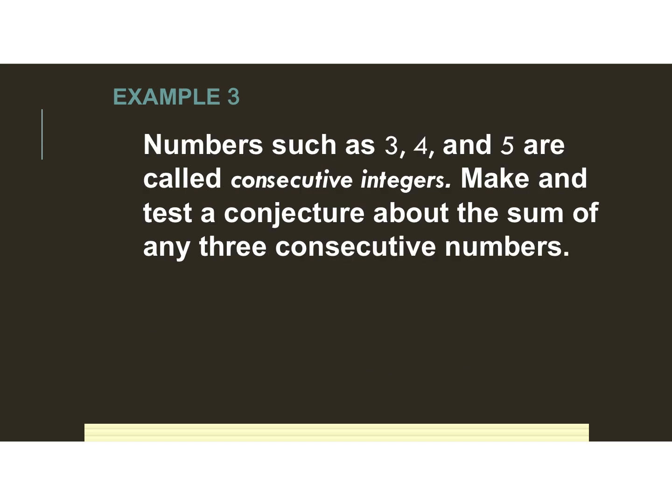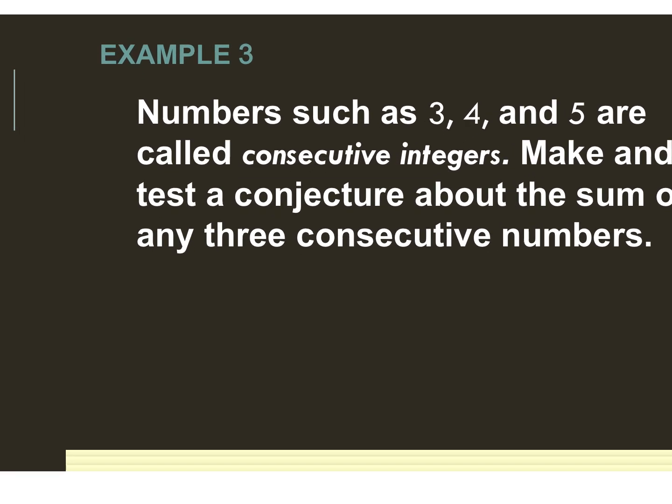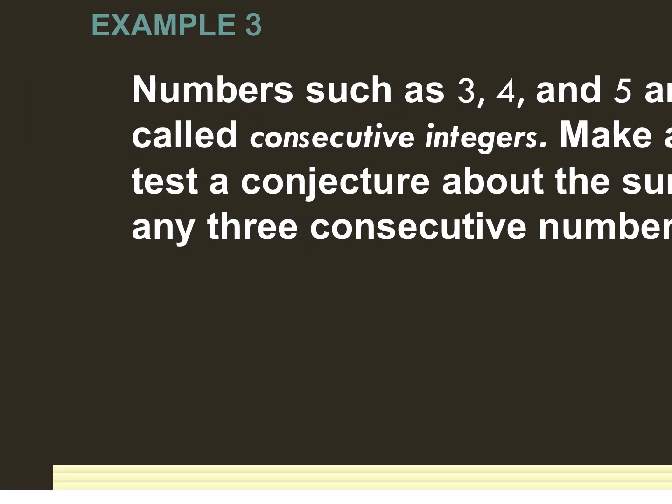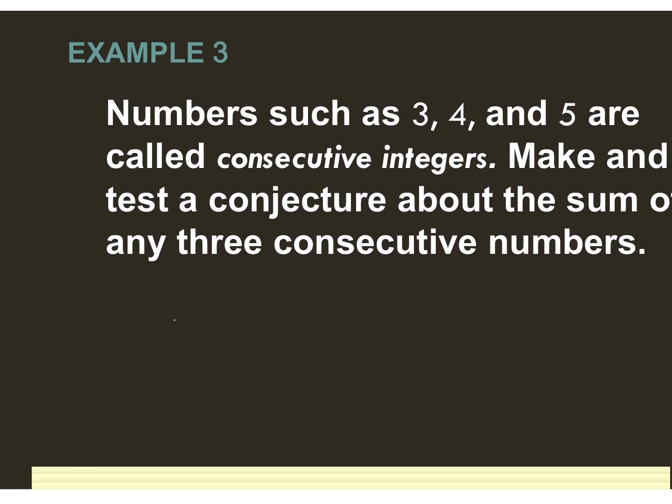All right, example number 3. Numbers such as 3, 4, and 5 are called consecutive integers. Make and test a conjecture about the sum of any 3 consecutive numbers. So the sum of any 3 consecutive numbers means I'm going to be adding 3 numbers. So let's go ahead and find some numbers that we're going to add. I like to start out with smaller numbers because they're a little easier.